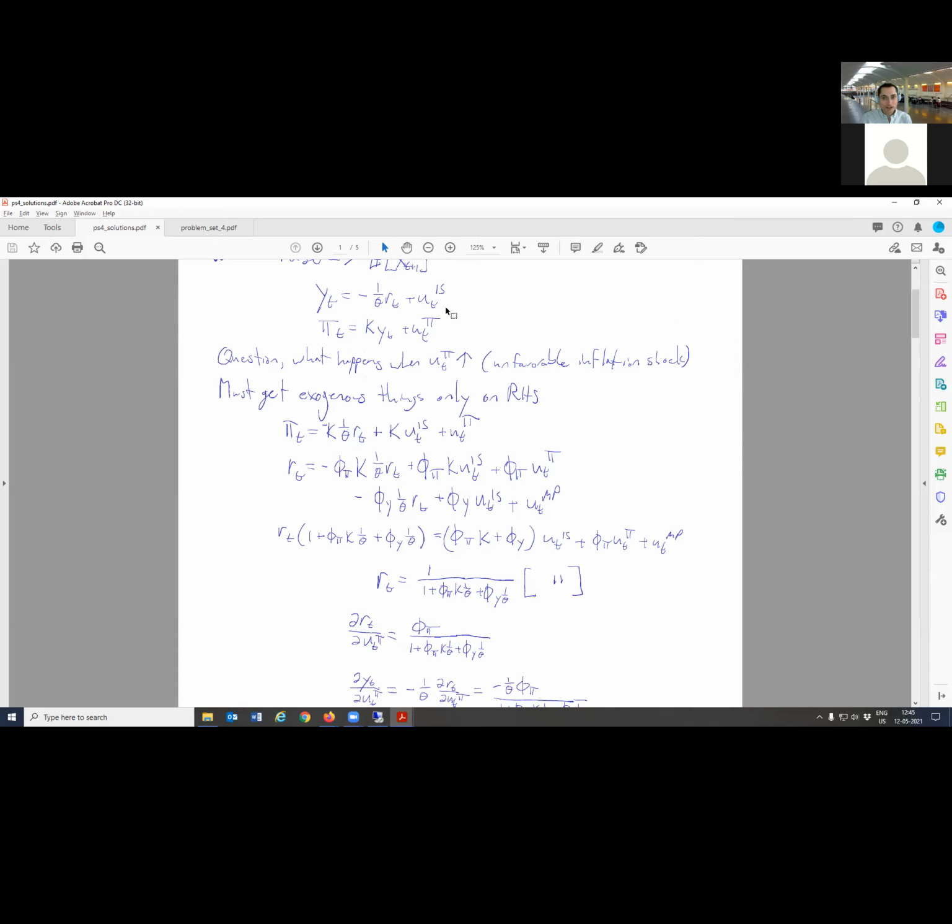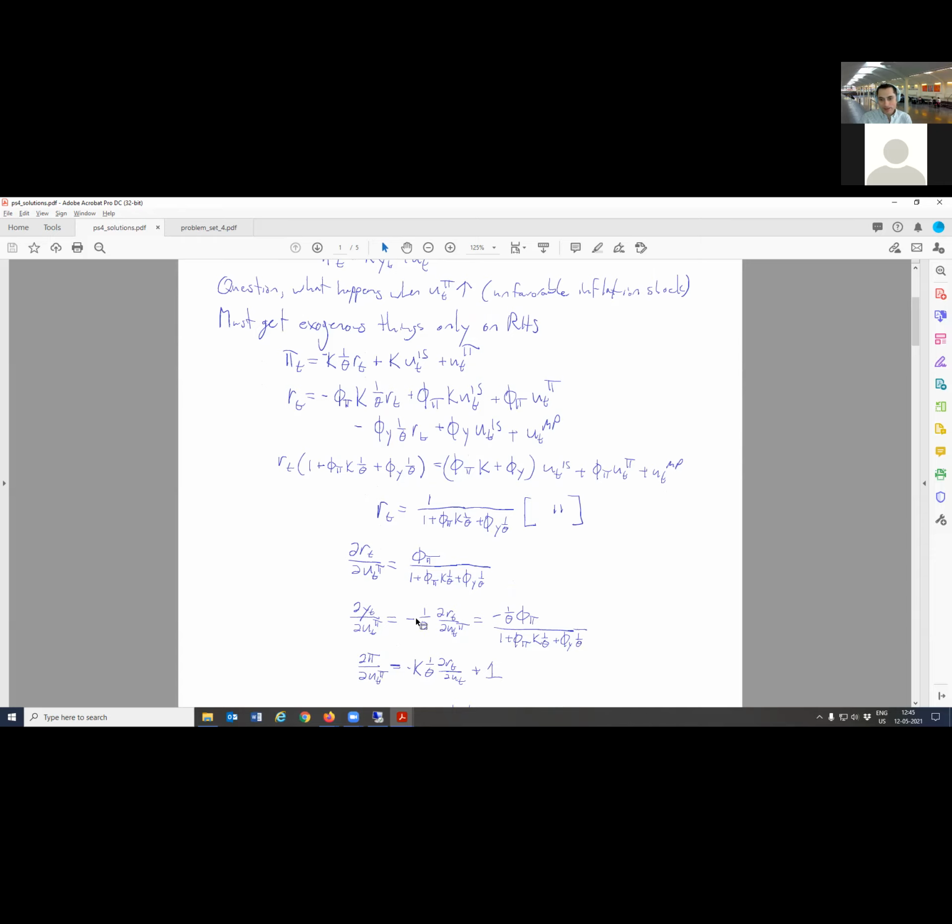Why don't I have to worry about this other term? Well, this thing is independent of u t pi. It's an exogenous shock. So now I've written that: negative 1 divided by theta times this partial derivative, which we already have from here. Let's just plug in the definition. And then we get this, which is nothing other than rewriting this expression here multiplied by negative 1 divided by theta.